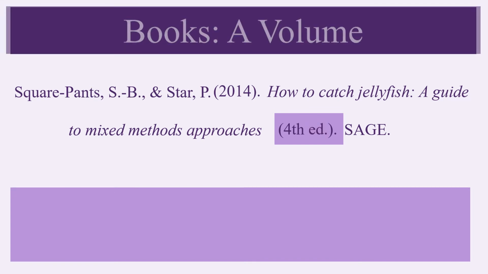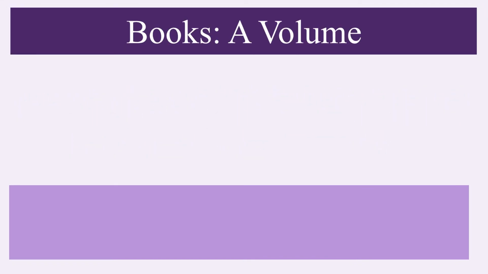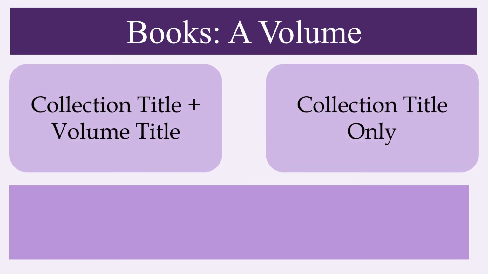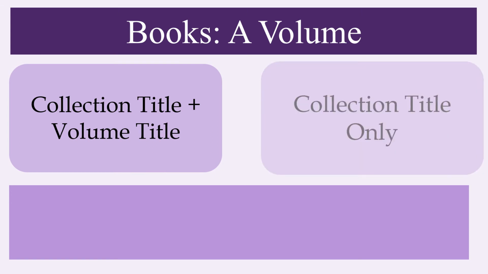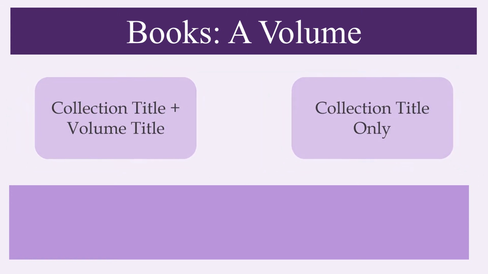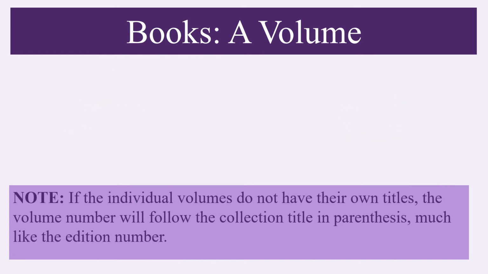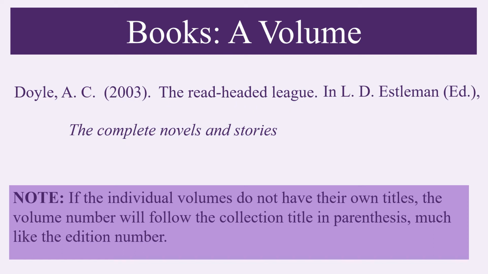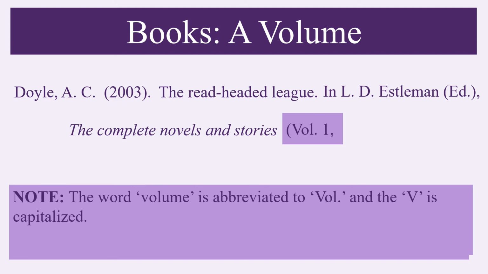Now that we know how to create a reference entry for an edition, what do we do for a work that is one in a volume? Some multi-volume works have a collection title as well as individual titles for each volume. Others, however, simply have a collection title, and there is a difference with how we will reference each. If the individual volumes do not have their own title, the volume number will follow the collection title in parentheses, much like the edition number. In this context, the word volume will be abbreviated to Vol., and the V will be capitalized.